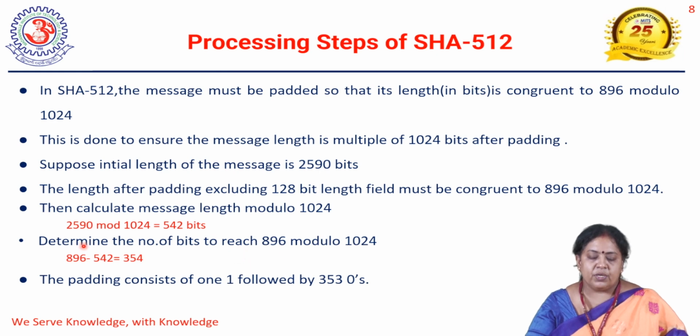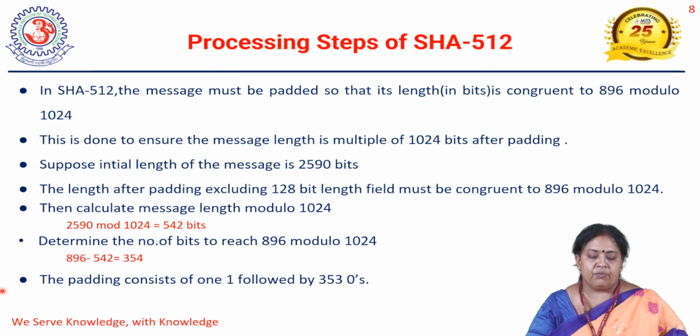By using this formula we can calculate how many bits we have to pad. For this example, if the message is 2590 bits, how many bits do we have to pad? We have to pad 354 bits in order to make the message length a multiple of 1024.